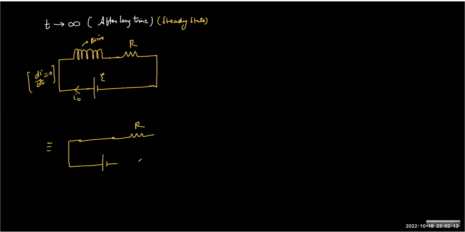So it seems like we just have a resistor and an EMF source, and therefore finding I naught is even easier.